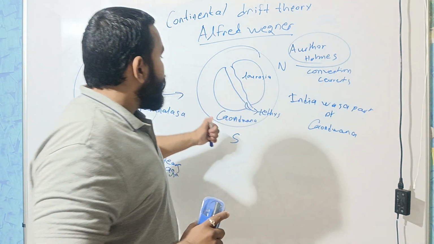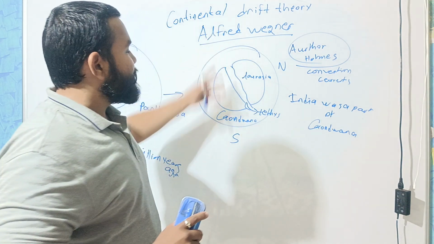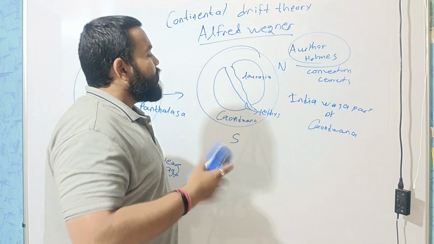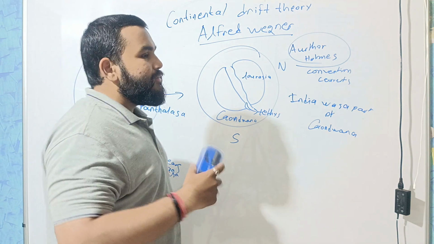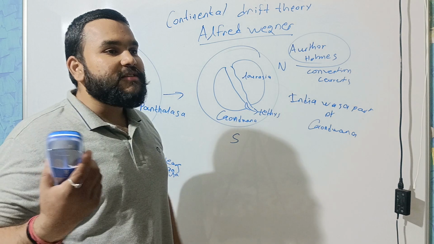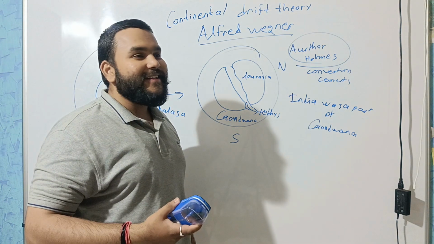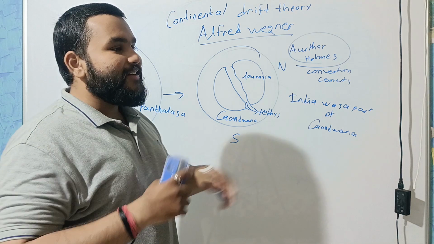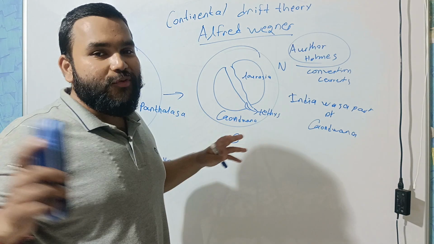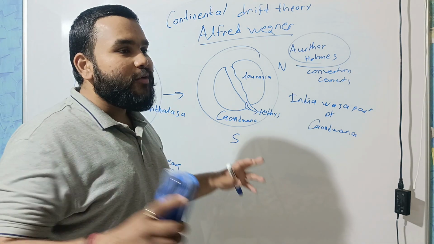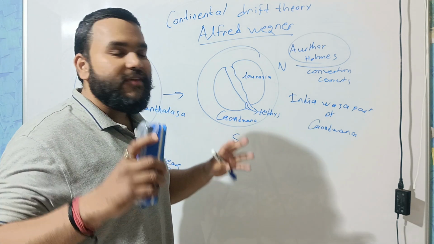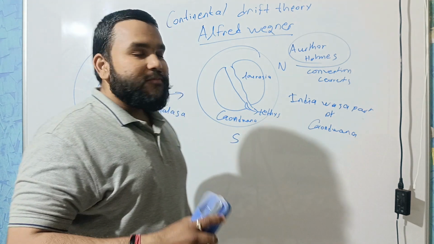So in Gondwana and Laurasia, that is okay. But we have to discuss some evidences, because without evidences, even a court does not approve our case. This is just a claim rather than a proof. So to have a proof, we have some evidences.